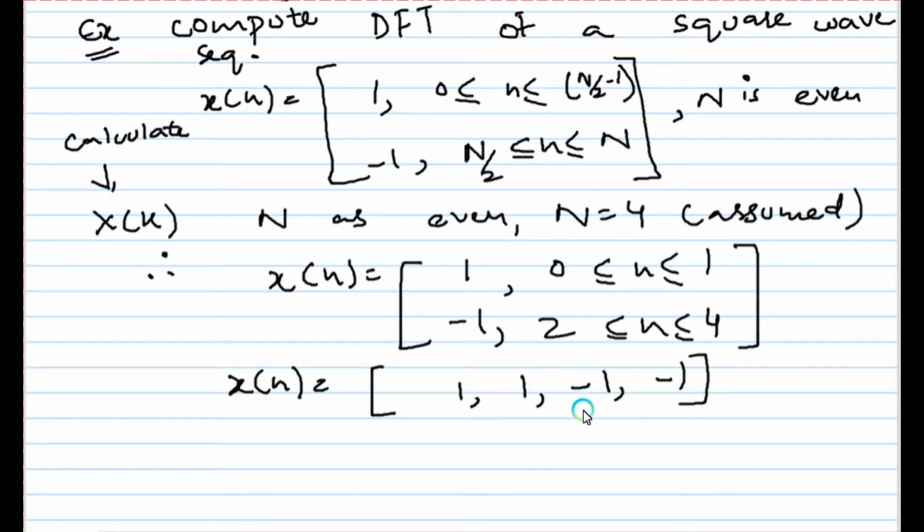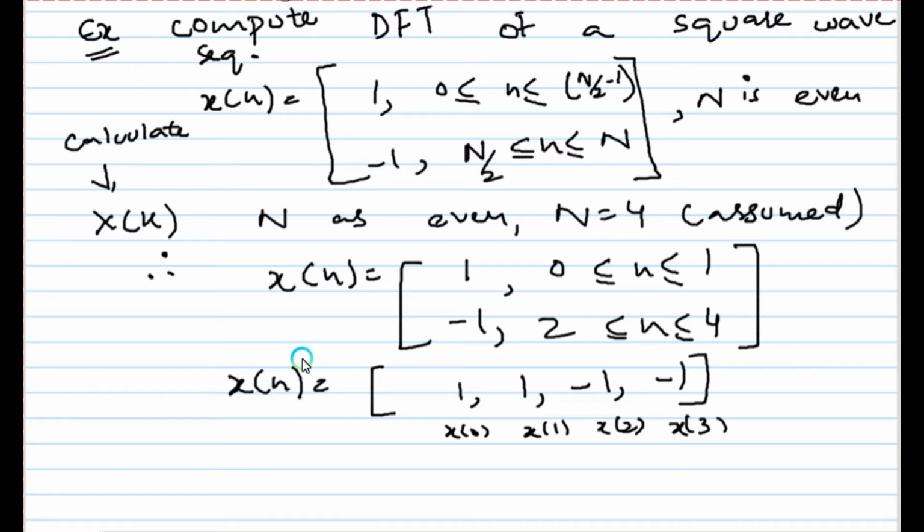I have written 1 here. This is x of 0, this is x of 1, this is x of 2, and this is finally x of 3. x of 0 when n is equal to 0 is 1. x of 1 when n is equal to 1 is again 1. x of 2 when n is equal to 2 is minus 1. x of 3 is again minus 1. Fine.